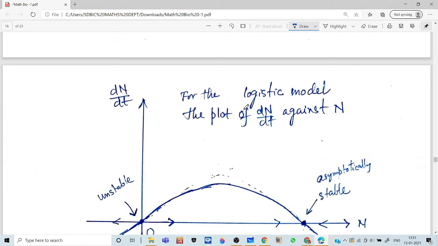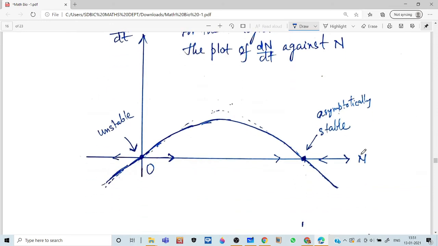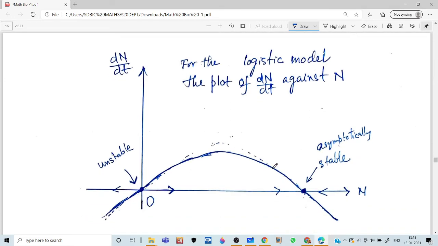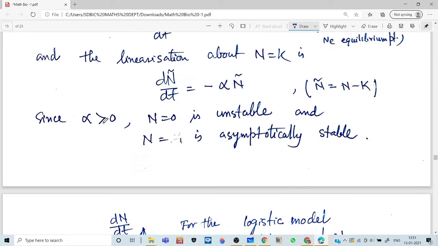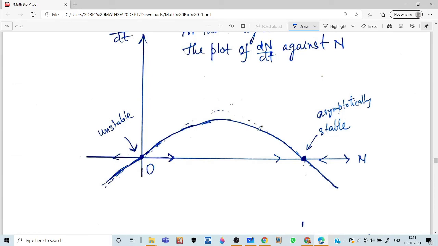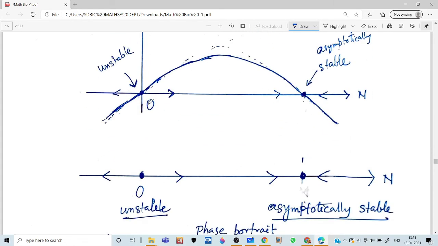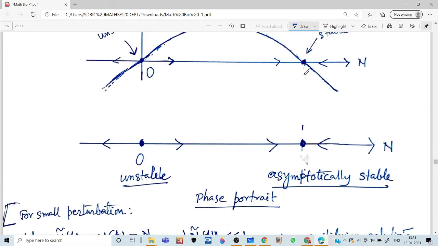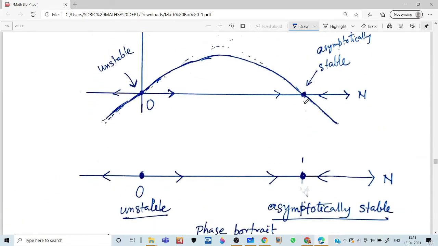So for this, plot the logistic growth model, with dn/dt along the y-axis and n along the x-axis, and we get the plot here. So this point 0 is an unstable point, and this point K is asymptotically stable.